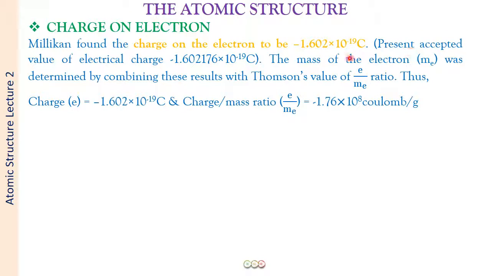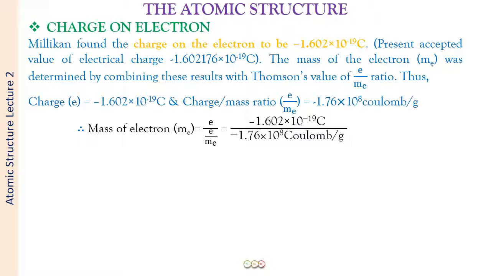Today this can be calculated with more accuracy, and it is found to be minus 1.602176 × 10^-19 coulomb. And the mass of the electron can now be calculated by combining the results of Thomson's e/m ratio and the charge found by Millikan, right?